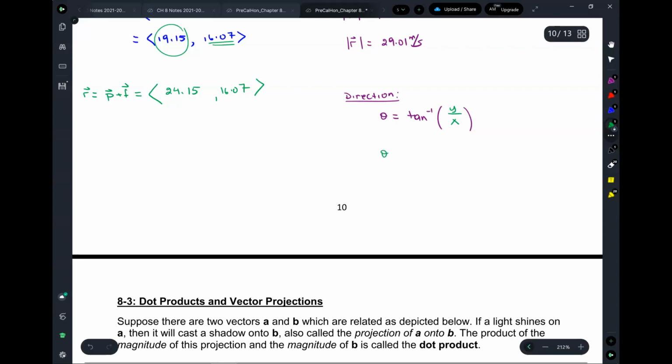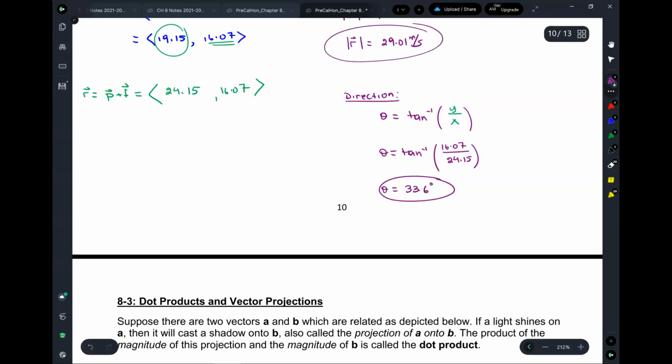So theta equals inverse tangent of 16.07 over 24.15, and of course you have to be in degrees. So theta is 33.6 degrees. So these two are the answers, all right?